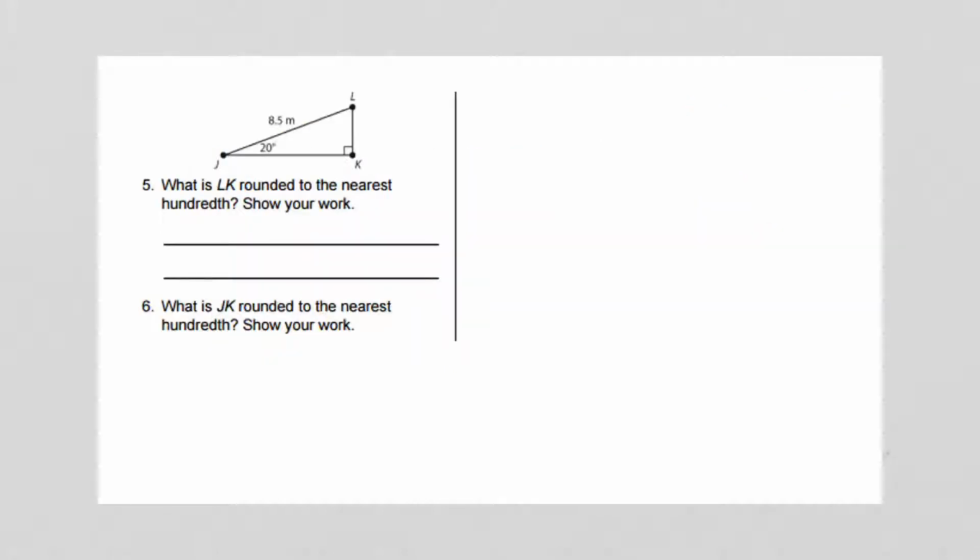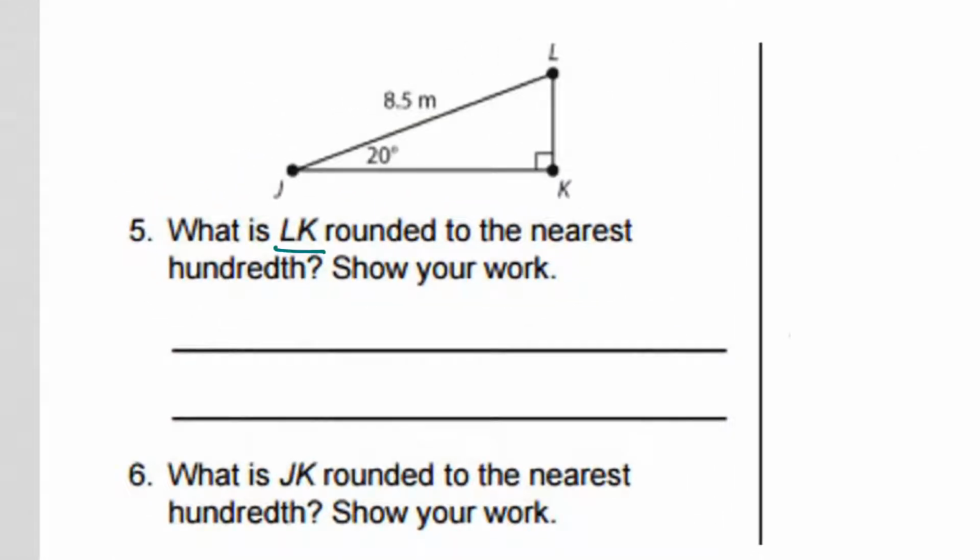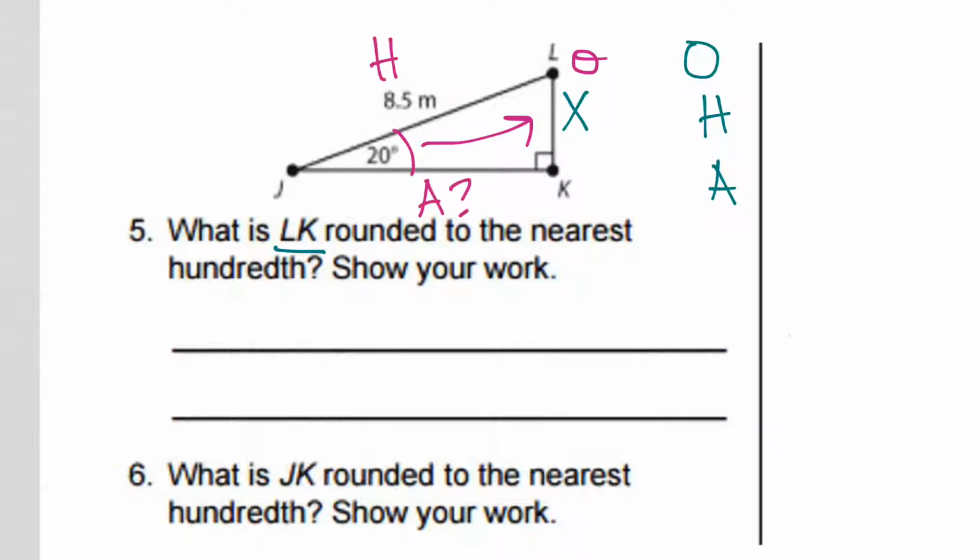Number 5, what is LK rounded to the nearest hundredth? So LK is going to be the variable we're looking for. Opposite, hypotenuse, adjacent. That's the order I label my sides. So the opposite side is x, the hypotenuse is 8.5, and the adjacent side, I don't know. So I cannot use two trig functions because they have the adjacent value. The two that I can't use are cosine and tangent.